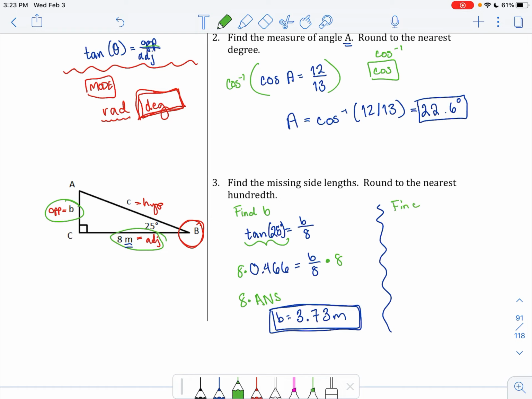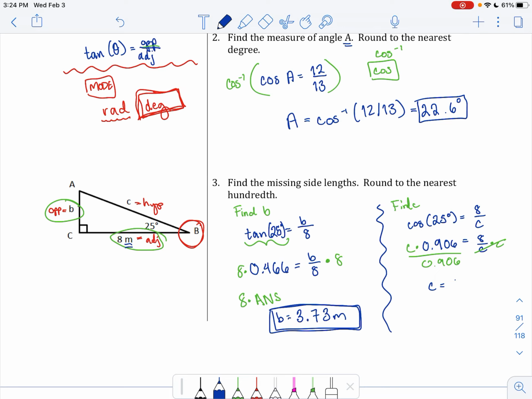To find C, C is the hypotenuse. So I still know the adjacent. It's still easier to use 8 than to type in that long decimal. So I'm going to use cosine of B, which is 25 degrees, is equal to 8 over C. Again, I can just type cosine of 25 degrees into my calculator, and I get 0.906, which is equal to 8 over C. Because C is in the denominator, I would multiply that up, and then divide by 0.906.